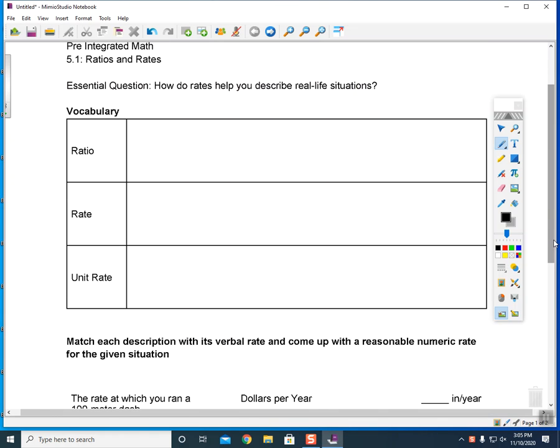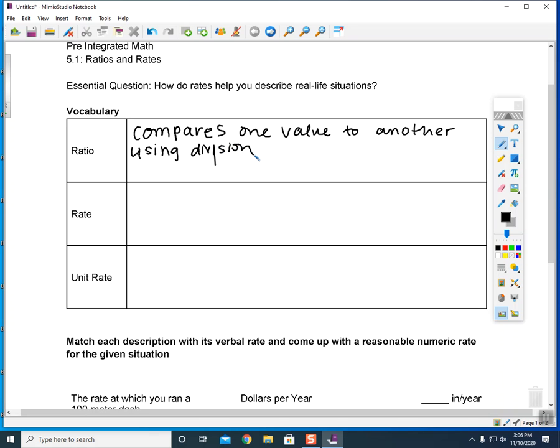So a ratio, what it does is it compares one value to another using division.